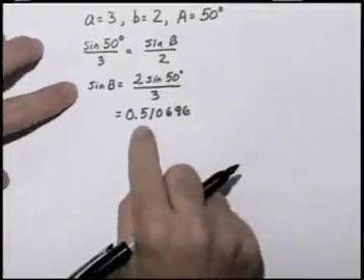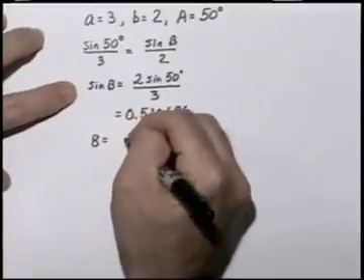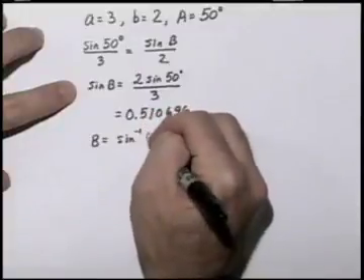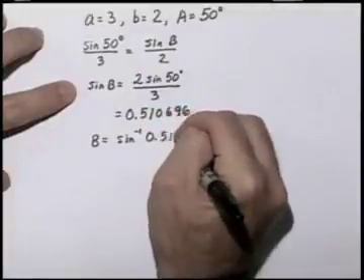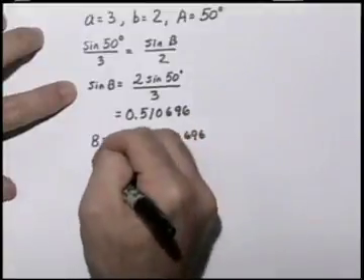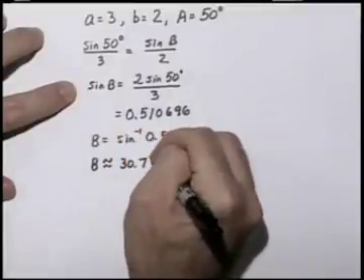0.510696. Now what we can do is find the measure of angle B by taking the inverse sine of both sides. So the measure of angle B is the inverse sine of 0.510696, and I get that B is approximately 30.7 degrees.